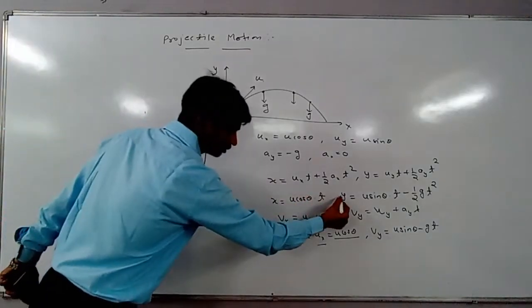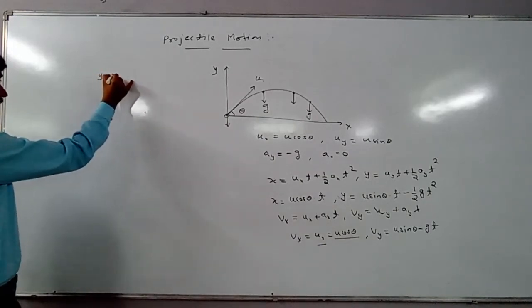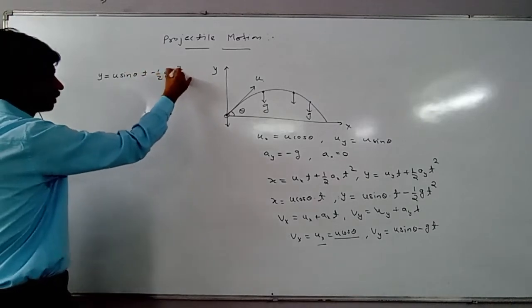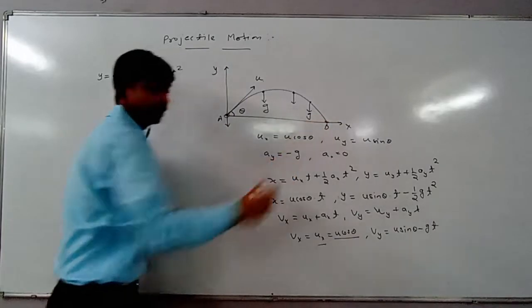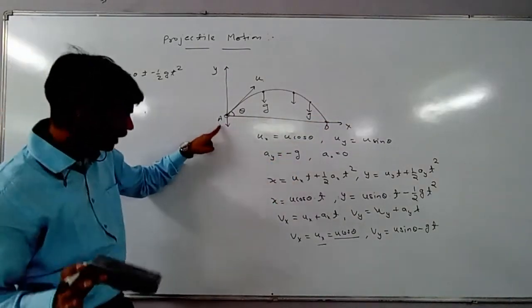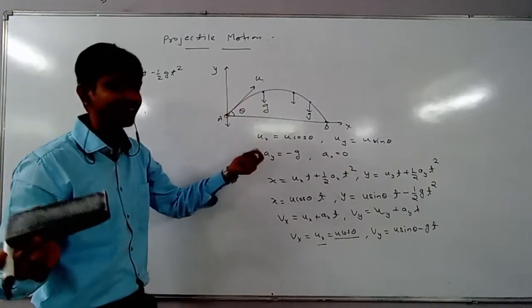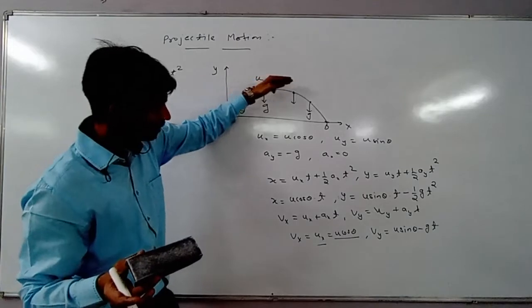From the equation of y, I am writing it again. Tell me the displacement from point A to B along the y-axis only. Along the y-axis, the displacement is, see, positive, negative, or something? It will be 0, right? Because it is moving upwards, then downwards.